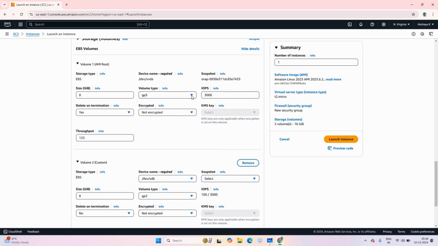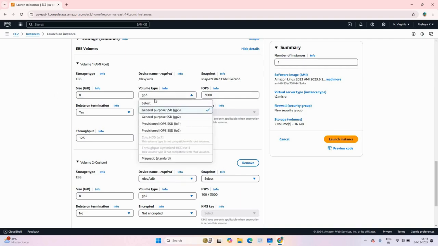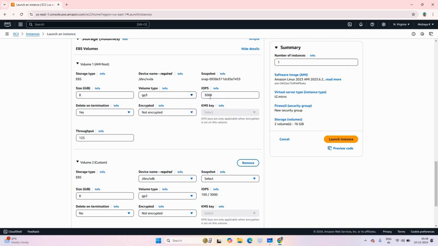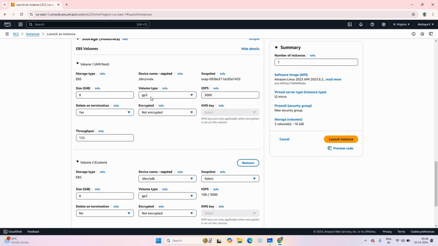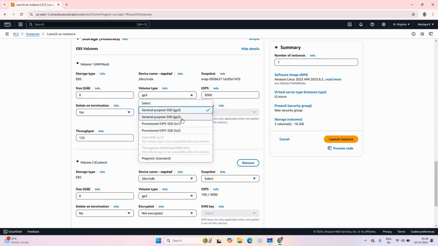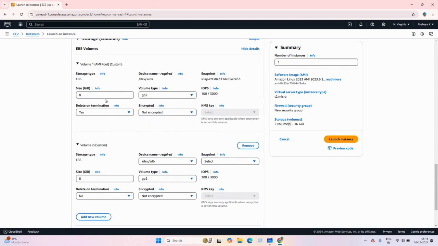GP3 is the same as GP2, but it has small differences. First we check GP2, and GP2's minimum IOPS is 100.